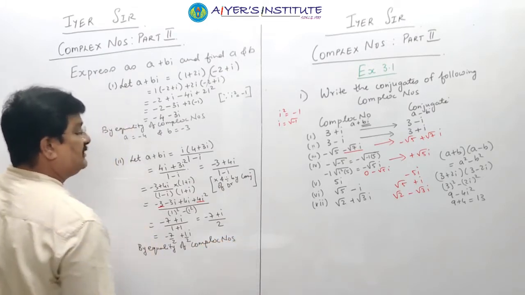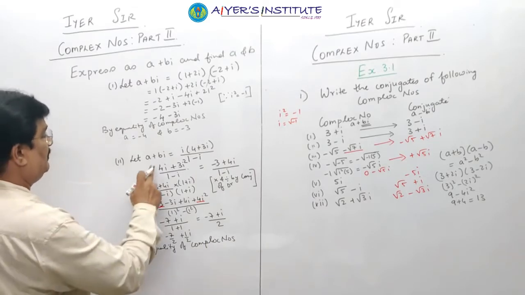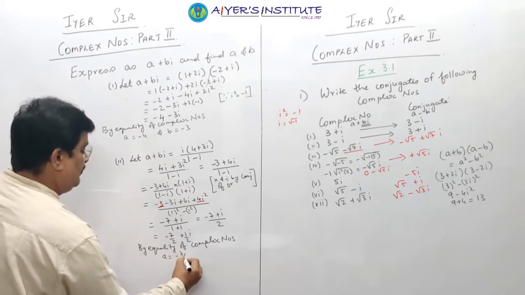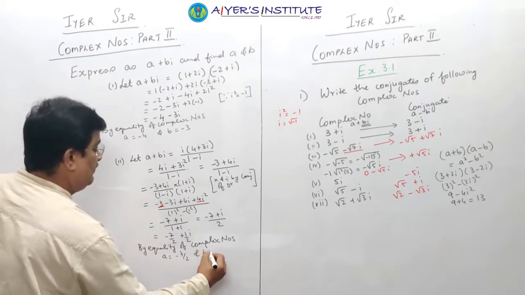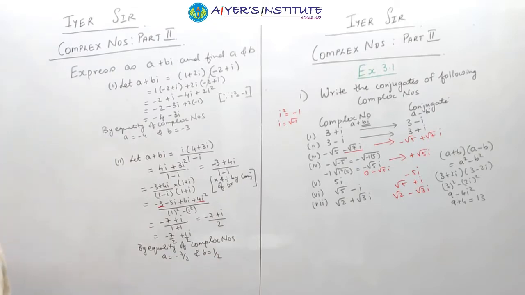If two complex numbers are equal, the real part is equal and their imaginary part is also equal. So A will be equal to minus 7 upon 2 and B will be equal to half. Just take a few seconds, write down this as clearly as possible, and we go with the next sum.